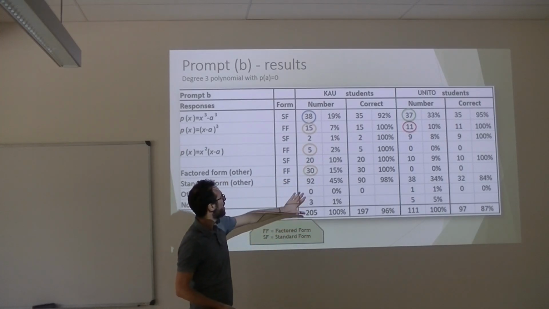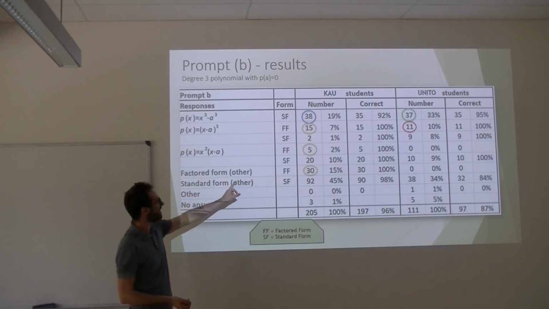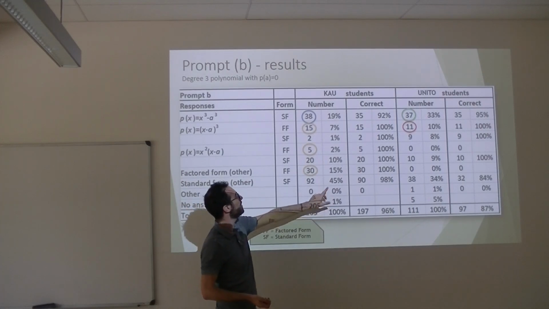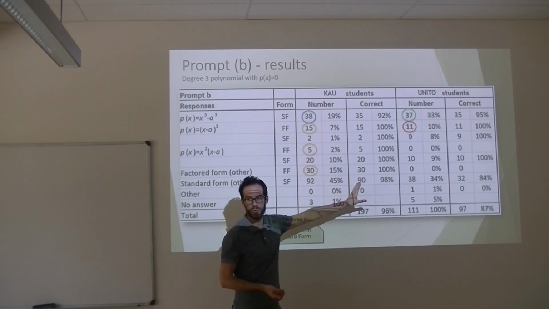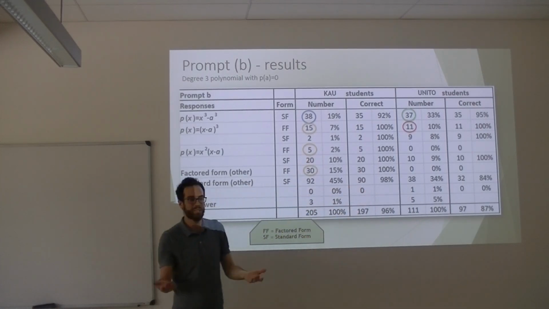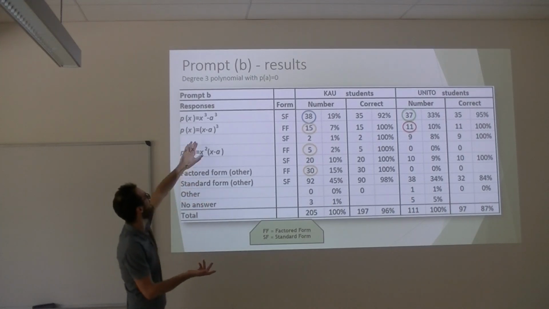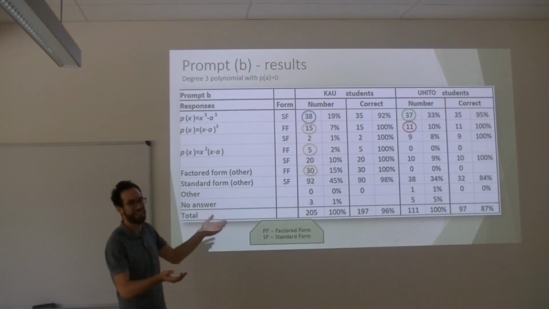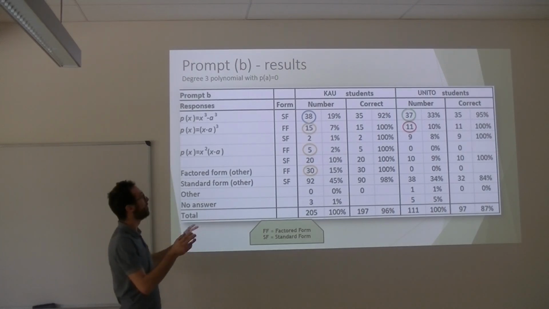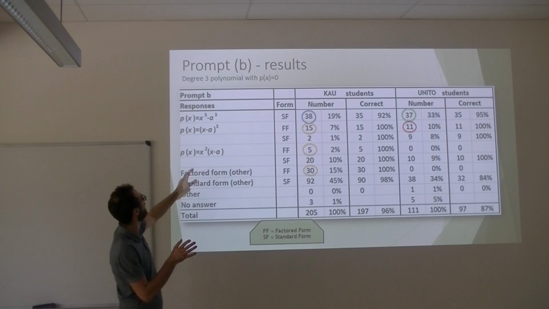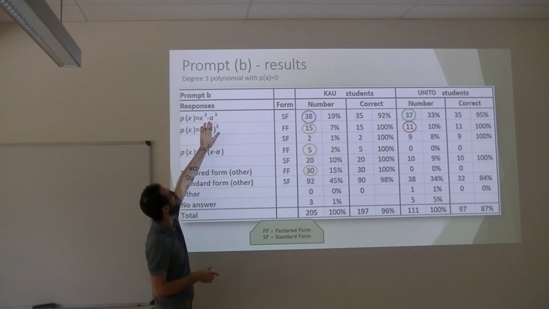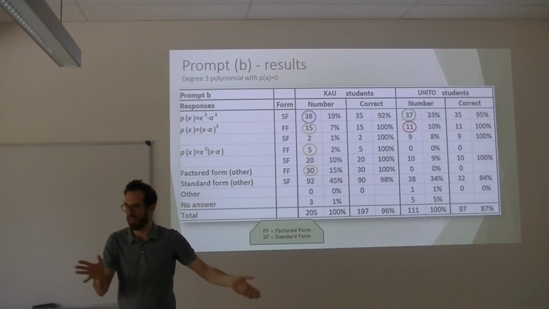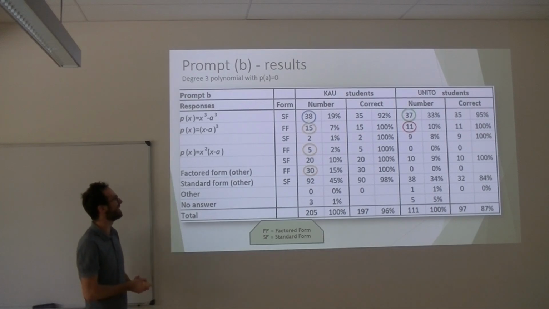We mark the number of kind of responses, also with percentages, and also among these responses, which ones were correct or not. They may have used a suitable form, like this one could be easy, or this one could be easy for this task, but they may have done it incorrectly. I don't know what they did actually. Maybe they just put x to the power 3 minus a, and that's it. I don't remember exactly the wrong ones, what they did.